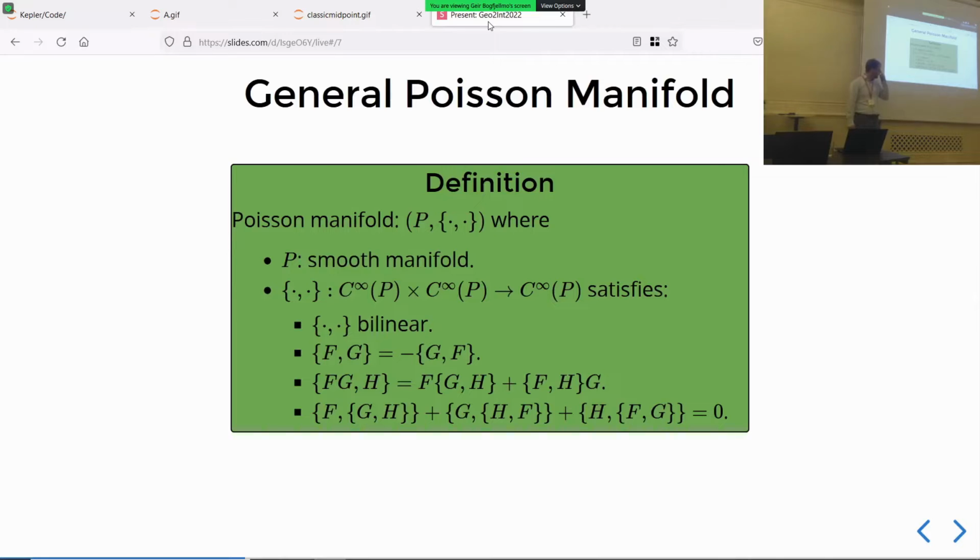So that's canonical Poisson, but you can describe this more generally. You need some smooth manifold, and you have a bracket which is a Lie algebra, and you also have the Leibniz rule, that it acts as a derivation on its arguments.